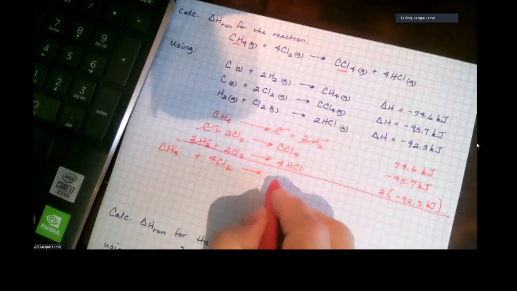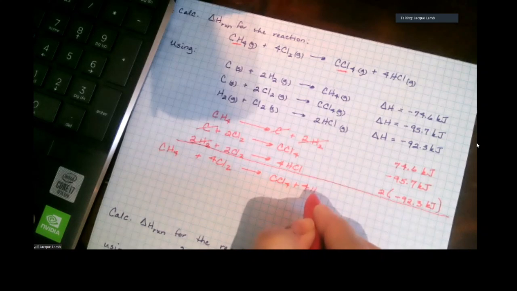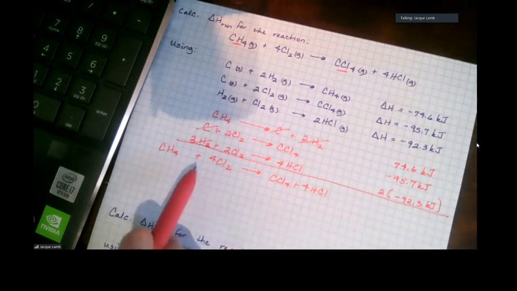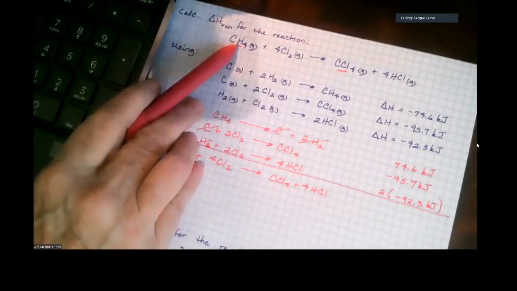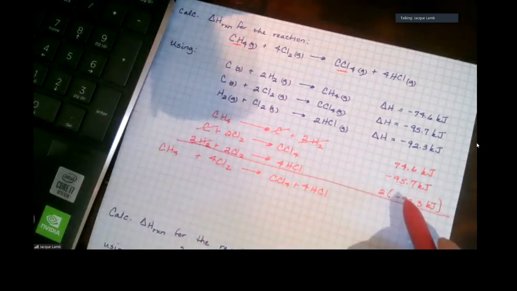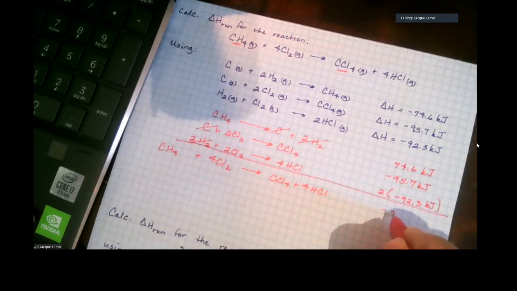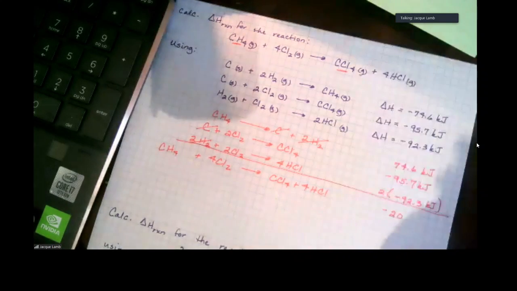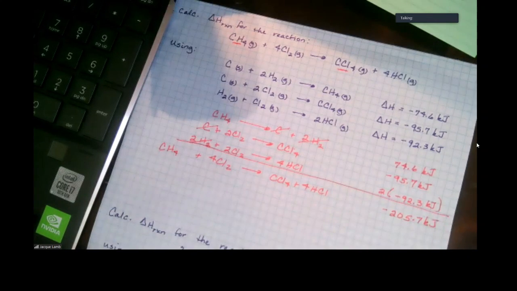And that goes to CCl4 plus 4 HCl. And if I write in the states, that matches the original equation. And when I add all of this up, I end up with a negative 205.7 kilojoules. Does everybody follow that?